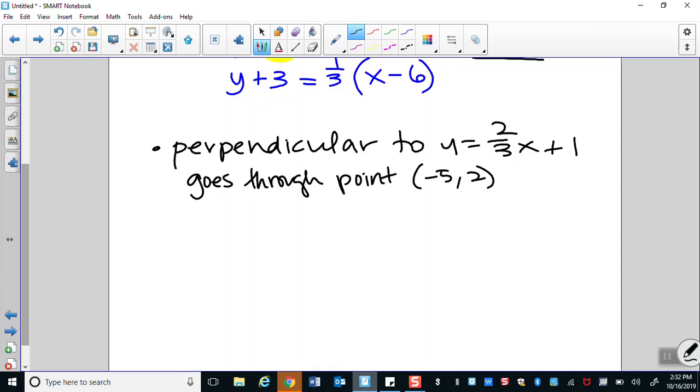Okay, so here are the 2 pieces of information about our line. We know that it's perpendicular to that line that I wrote, and then it goes through the point -5, 2.